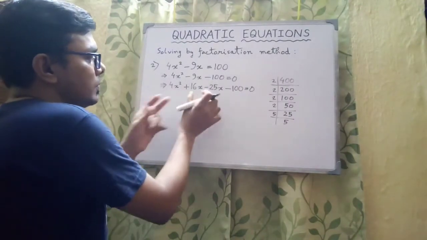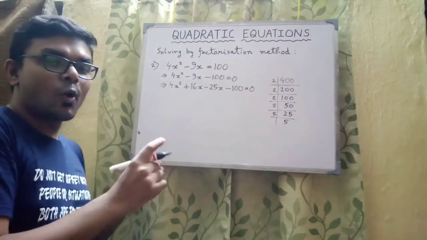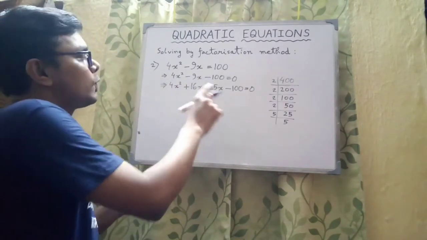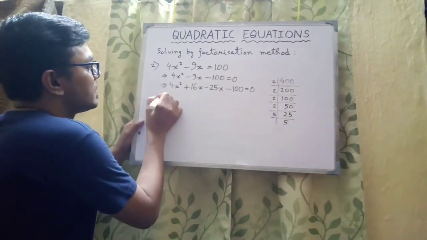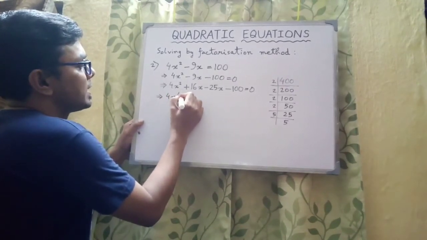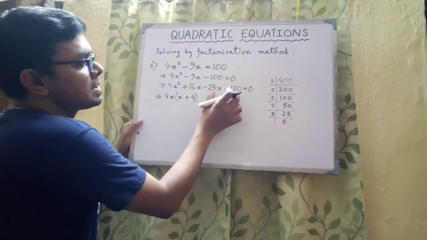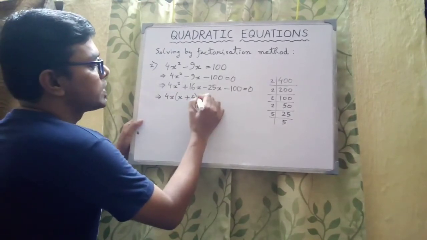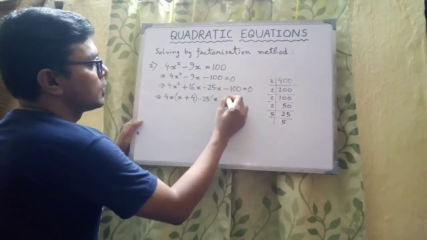So we are breaking up minus 9x as 16x minus 25x. Also 16 into 25 is 4 into 100, that is 400. Now it becomes very easy. We just take 4x as a common factor, that is x plus 4, and from these two terms we take minus 25 as a common factor, so it's again x plus 4.